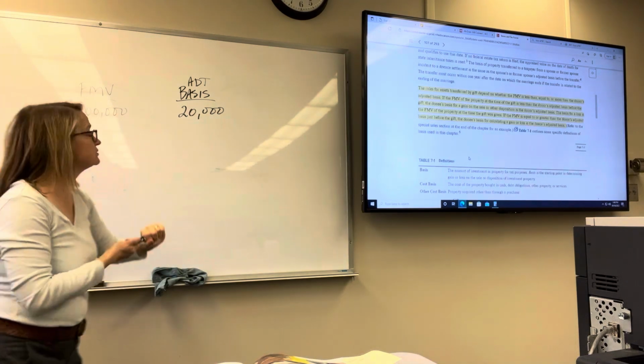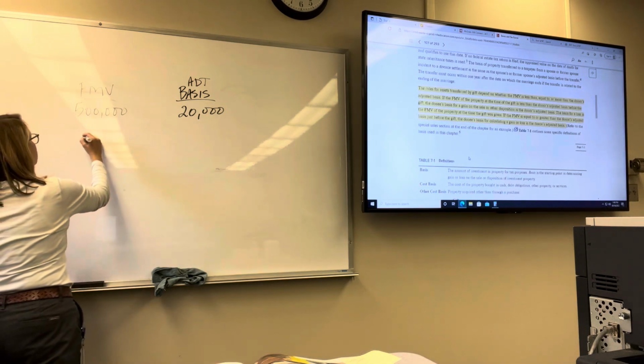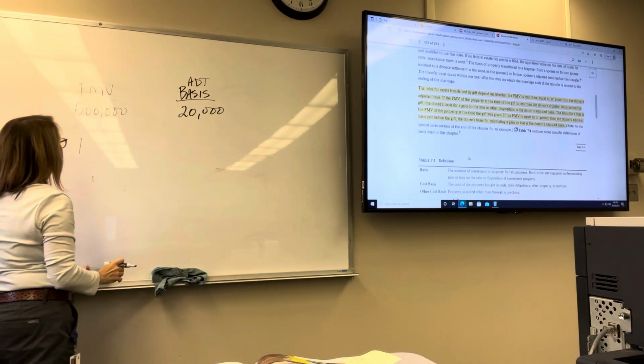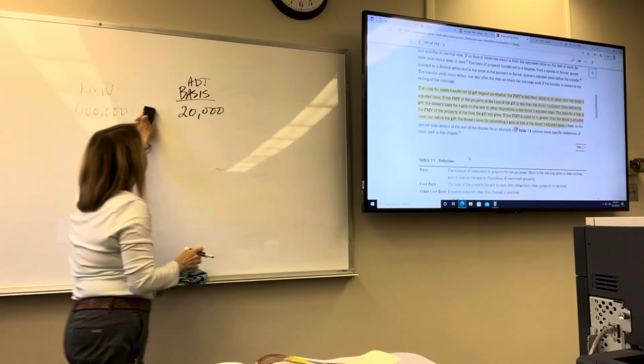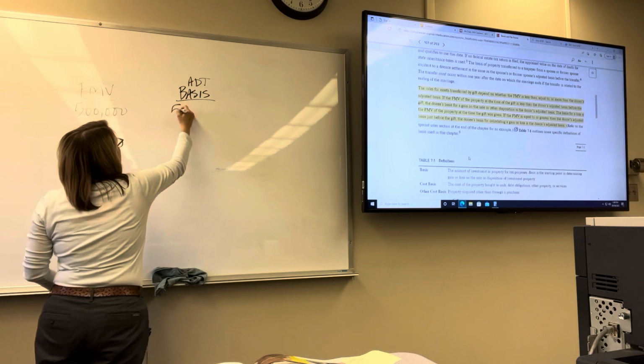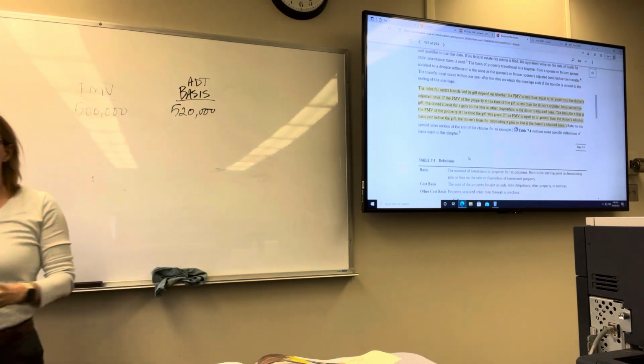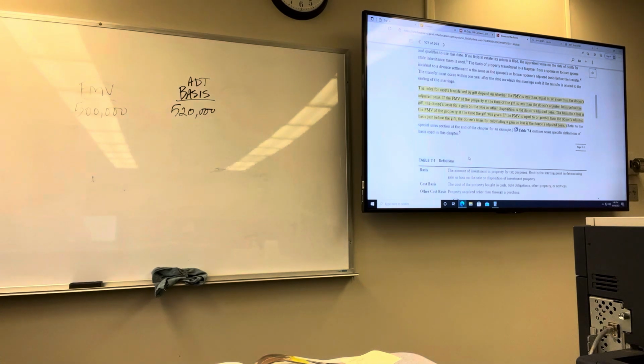Okay, so let's look at it from a different perspective. Let's say our fair market value was still 500,000. Okay, but our adjusted basis, maybe it's decreased in value somehow, or something happened to it. It's just been let go, and so it's actually decreased in value.